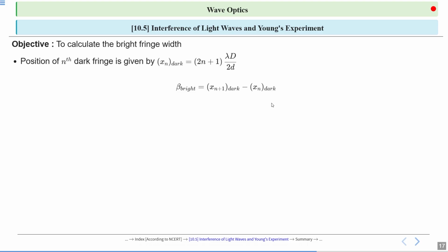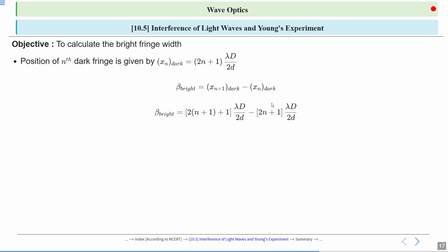It will be the separation between two consecutive dark fringes, so we can find it using the formula beta bright equal to x(n+1) dark minus xn dark. These are two consecutive dark fringes, and the difference between their positions gives the fringe width of the bright fringe.